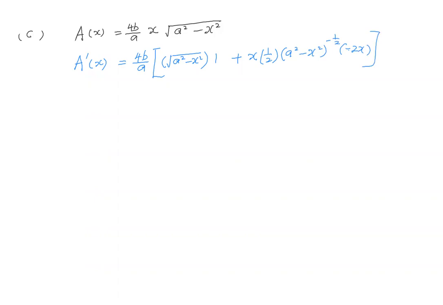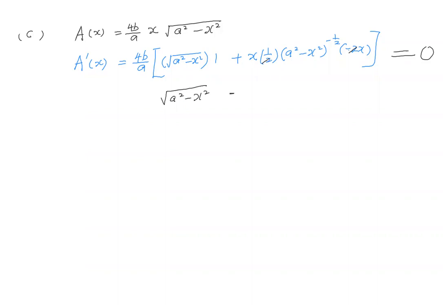Straight away put equal to 0, because you want the maximum. So now I straight away write square root of a squared minus x squared. This one, 2 and 2 cancel off.